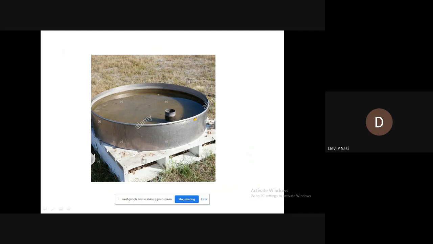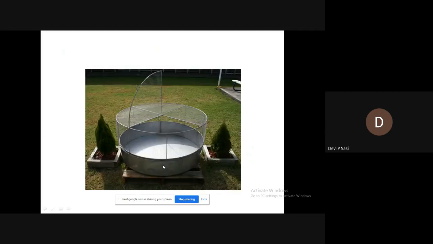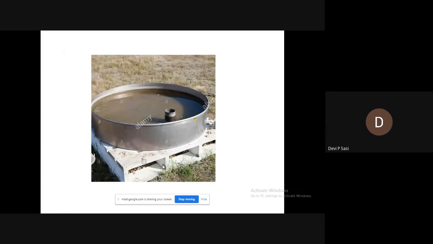It is placed over a square wooden platform of 1.2 meter width and 10 centimeter height, so that circulation of air is possible all around the pan.